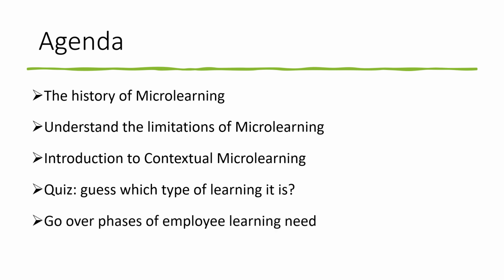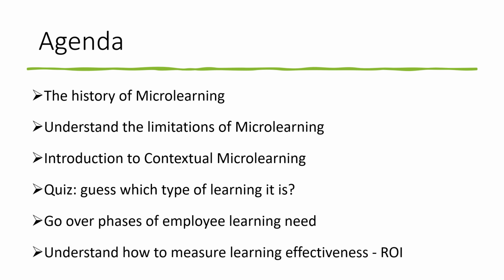Then we'll go over the phases of employee learning need. In an employee's duration within a company, an organization, they all go through a similar four-phase approach. I'll show you that. And at the end, I'll wrap up talking about how to measure learning effectiveness, learning ROI, which is super important if you're going to be able to get the funding to introduce something like this in your organization.